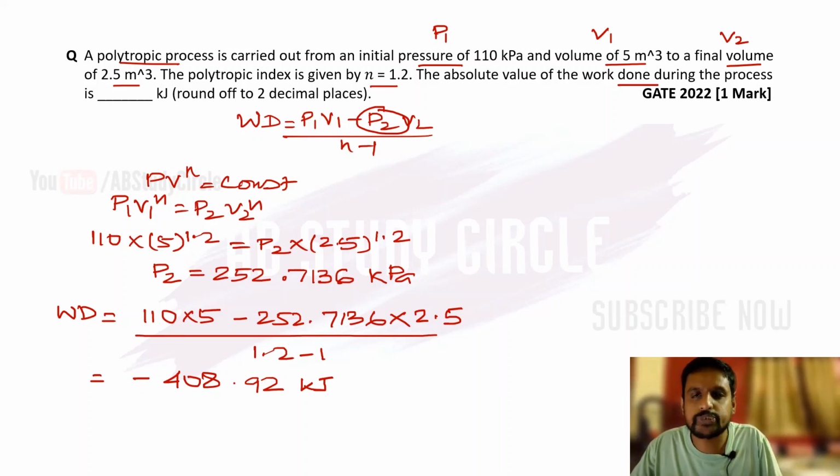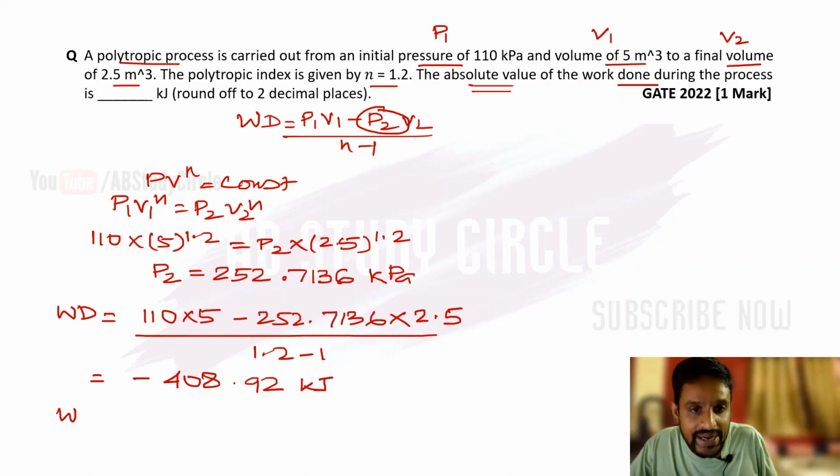Now, after getting this value, you will look at the options on the screen of your examination and select the answer. But mind that this question does not bother whether the work done is done by the system or on the system, right? It asks you to find out the absolute value of the work done. That means it wants you to tell the magnitude of the work done.